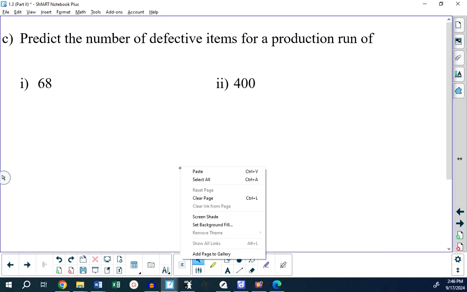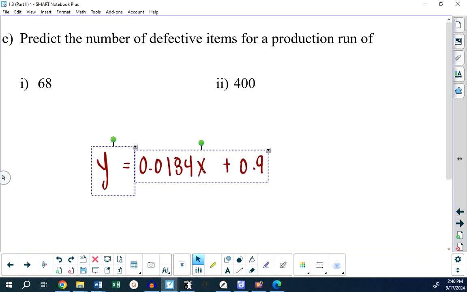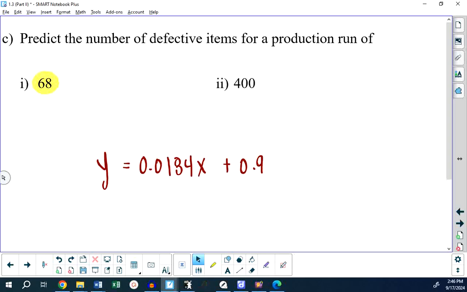Well, think carefully. I want everybody to think on this. Is this a number that's going to go in for y or x? Right? It'll be x, because you look at the graph, this is how many we produce.